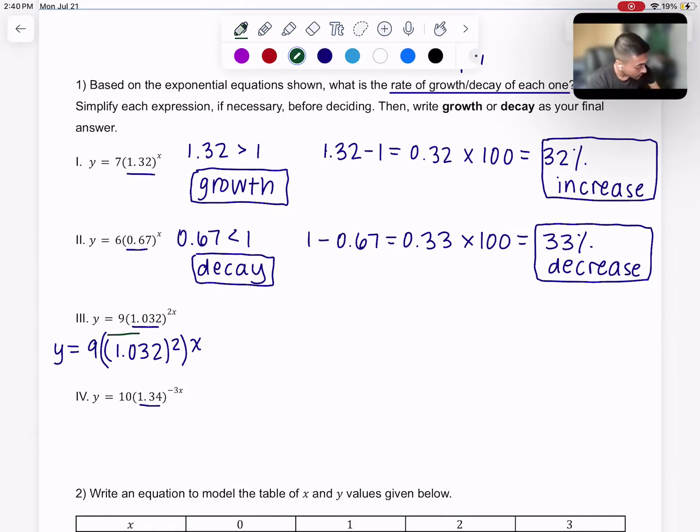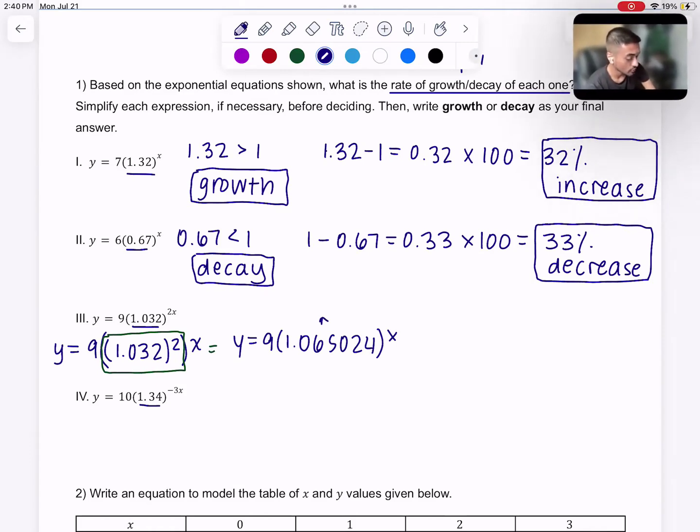Box your inner exponent expression. You need to type that into Desmos to see what 1.032 to the power of 2 is. Okay, so that's y equals 9 times 1.065024 to the power of x. It's bigger than 1, so it was growth, not decay.